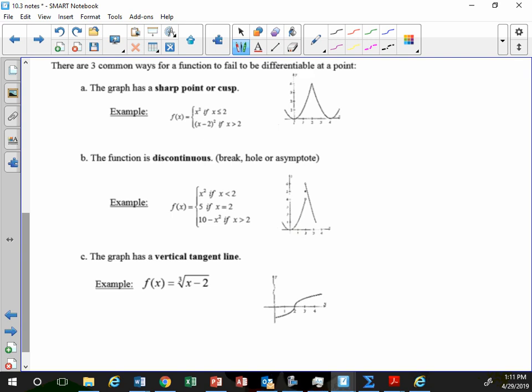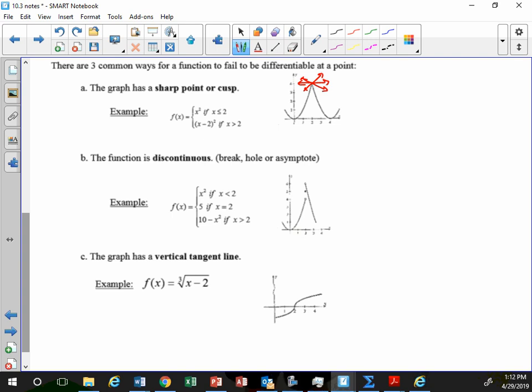So if your graph has a sharp point or cusp, do you see how this graph comes up to a point at the top? You cannot take the derivative there. The reason being, if I tried to draw the tangent line at that point, well, I could, yeah, there's too many options, because, okay, that's a tangent line, right? Isn't that also a tangent line? Isn't that a tangent line? Yeah, so there's an infinite number of tangent lines.